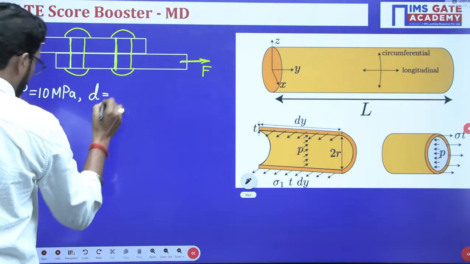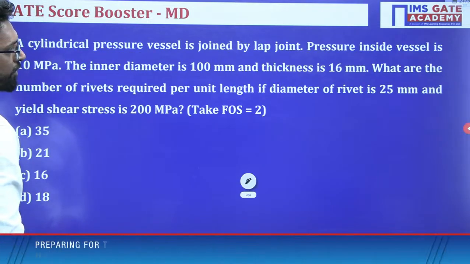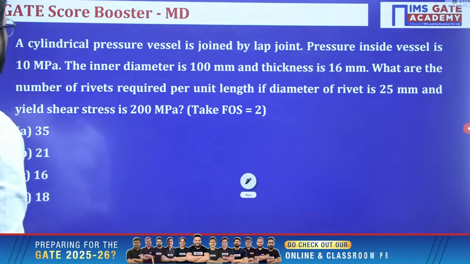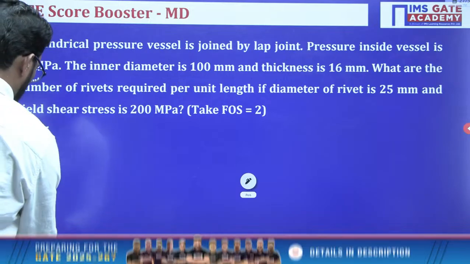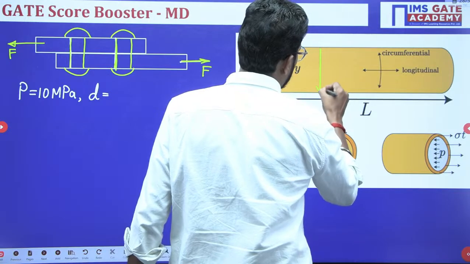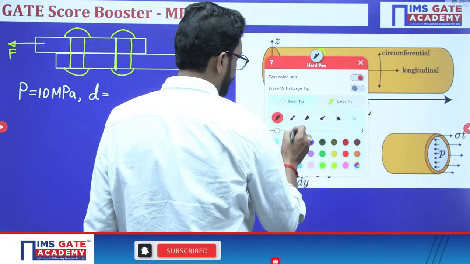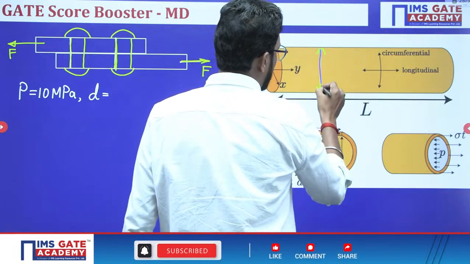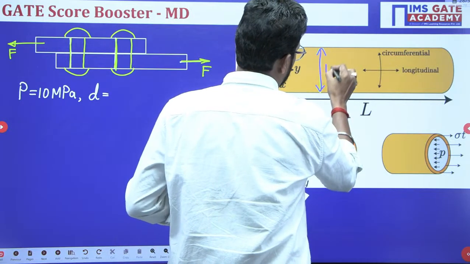The diameter of the rivet is 25 mm. This vessel has an inner diameter, and that diameter is 100 mm.